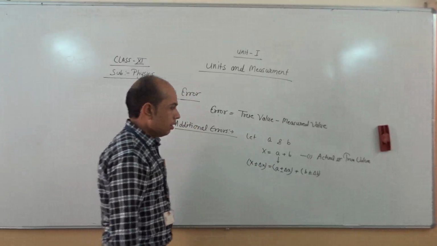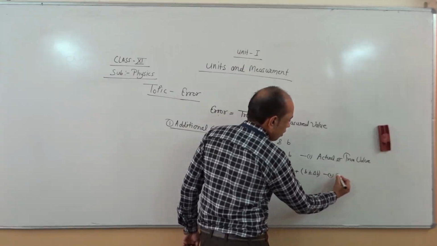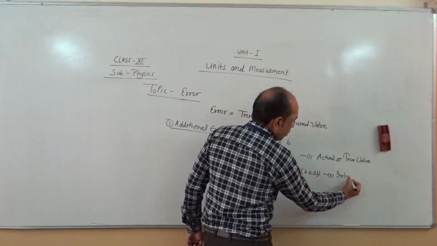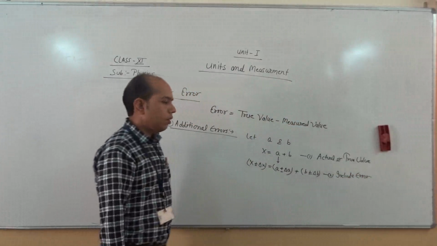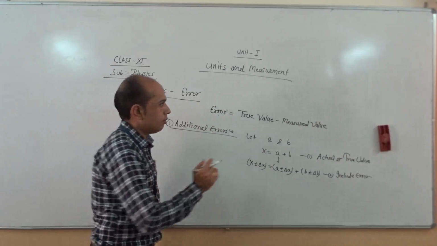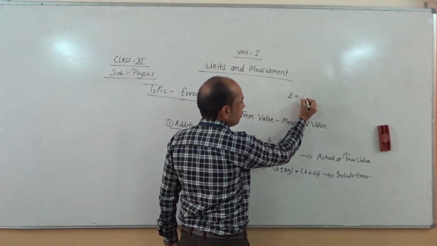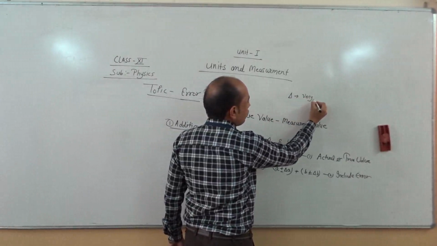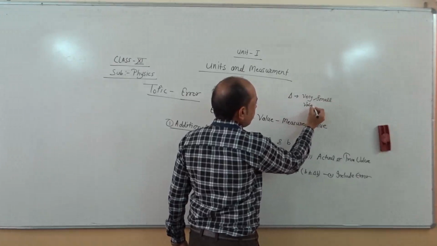Okay, here is the meaning of del. Del denotes very small variation. This triangle shows a very small value.